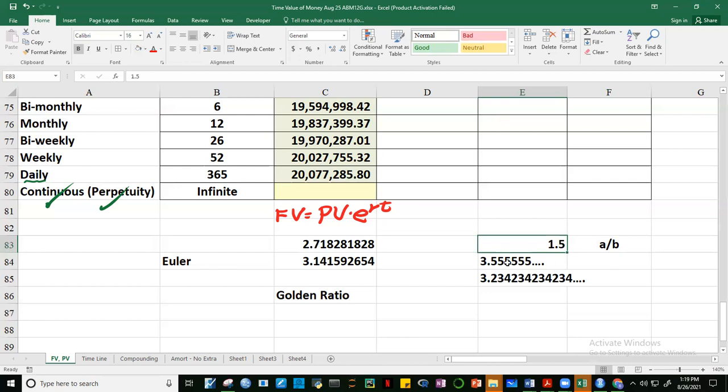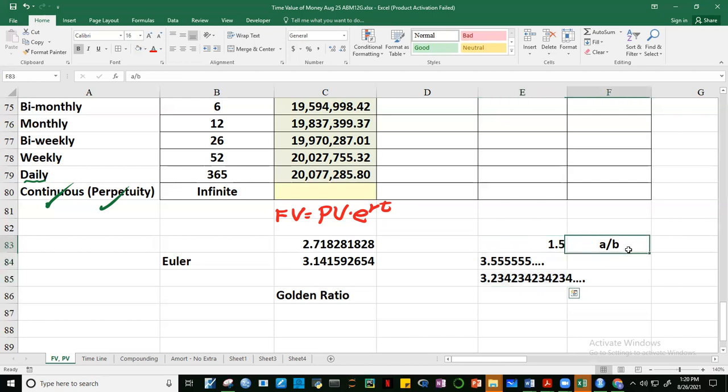Okay, 3.55555, this is repeating. We can express this as A/B. Okay, ito din, repeating number, 2.343, 234, 234, 234. These are repeating numbers. Okay, ito terminating numbers. So these are what we call rational numbers.